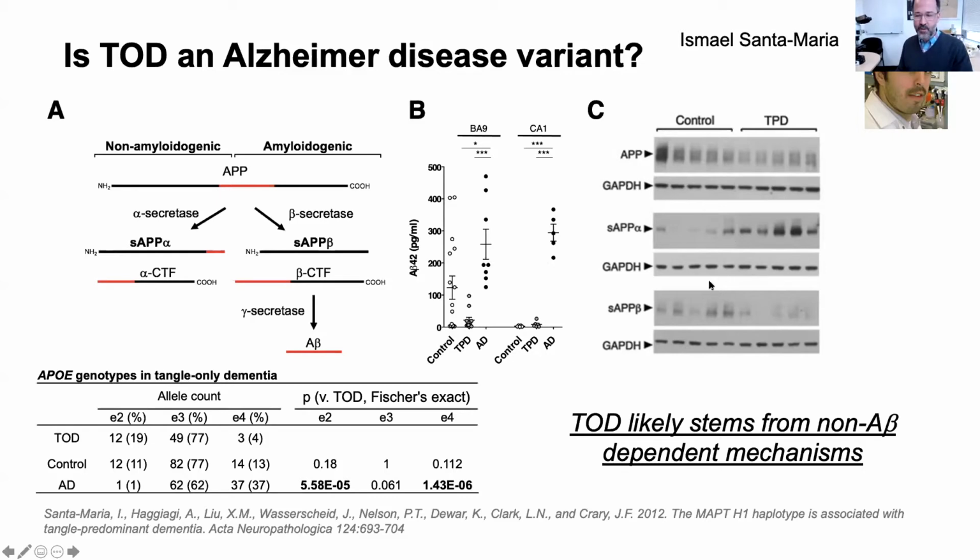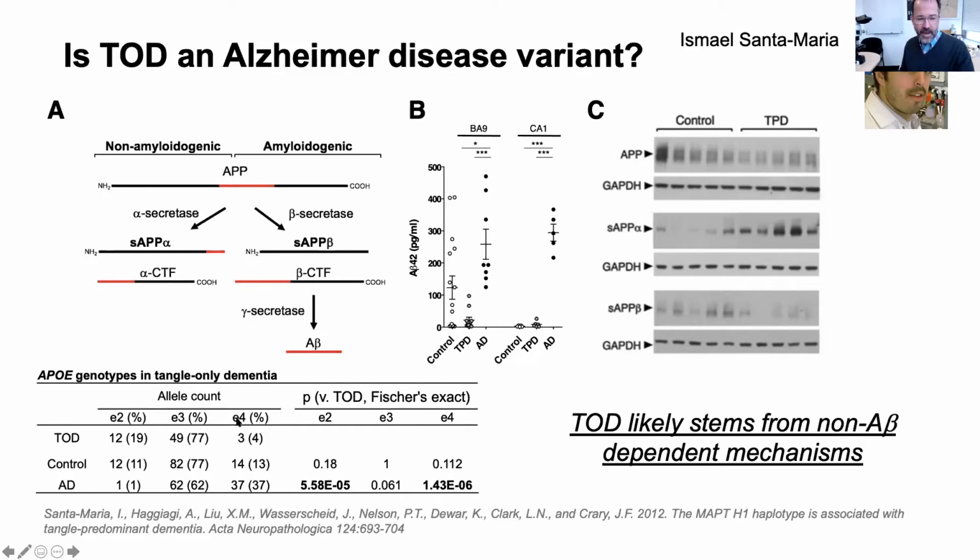We also measured the levels of these secretory fragments, and this non-amyloidogenic protective secretory APP alpha was highly overexpressed relative to the secretory APP beta that's the pro-amyloidogenic form. So we thought that this was compelling evidence that they have differences in the way they process their A beta and APP.